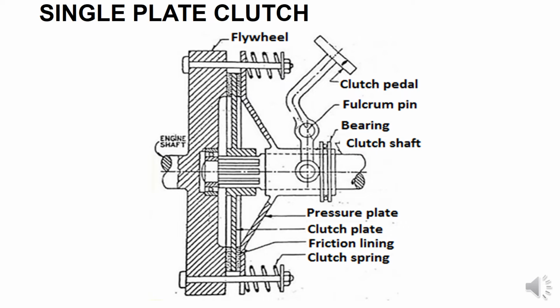When the driver releases the pedal, it moves in the upward direction, so the spring offers the force and gives pressure to the pressure plate. The pressure plate gives pressure to the clutch plate, which is connected with the friction lining, so it is engaged to the flywheel, and again the power is transmitted from flywheel to clutch shaft.